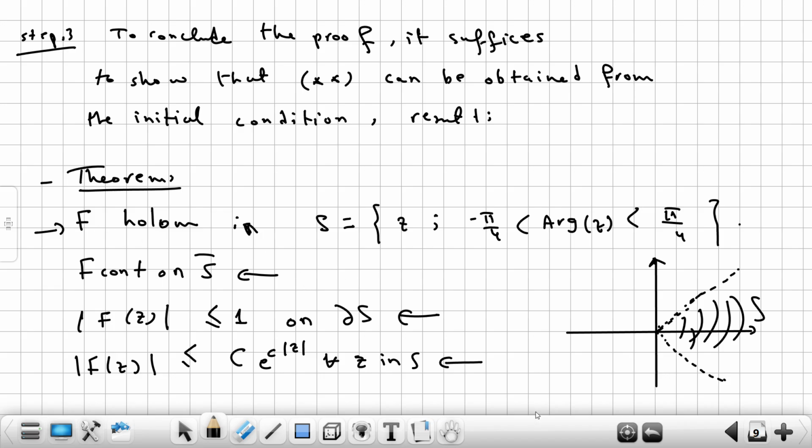So we have 4 conditions on this function capital F. Of course, here capital C is positive, and small c is also positive. Now, you conclude that after all these assumptions, modulus of F of z is less than or equal to 1 inside S.